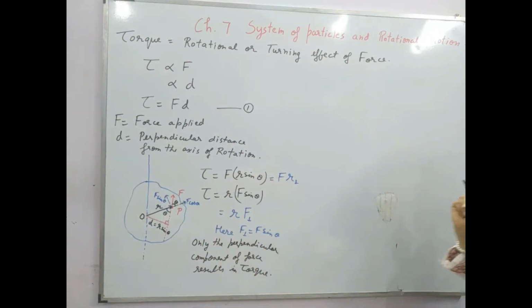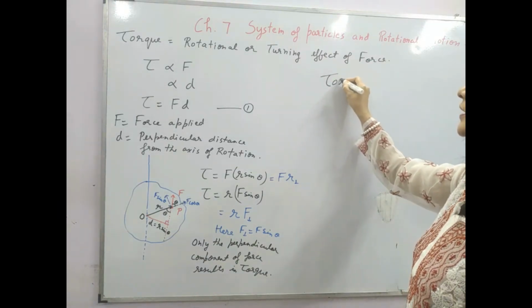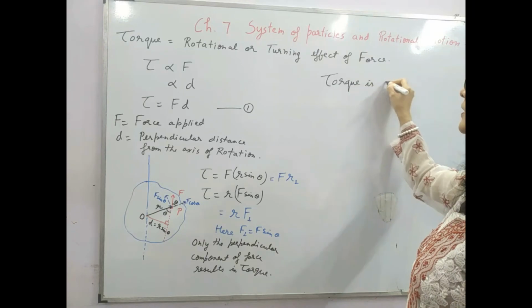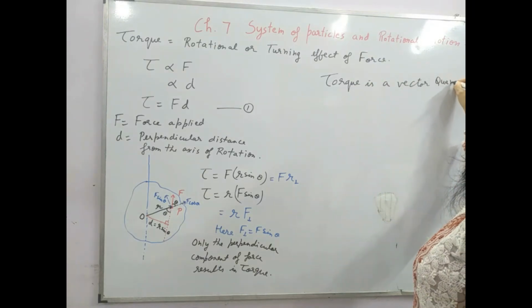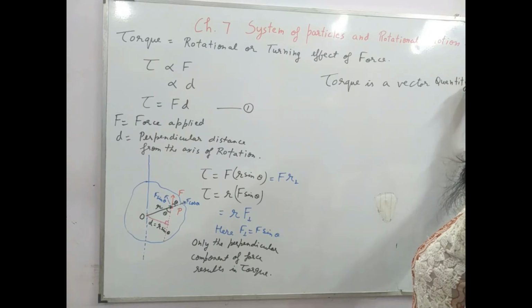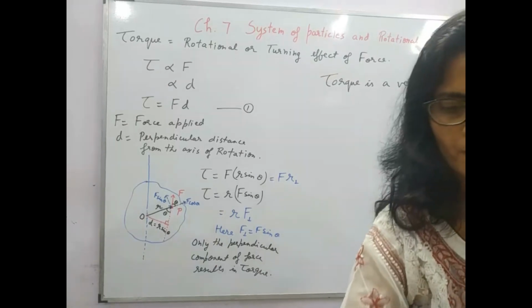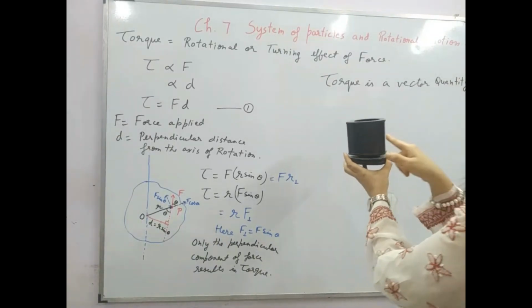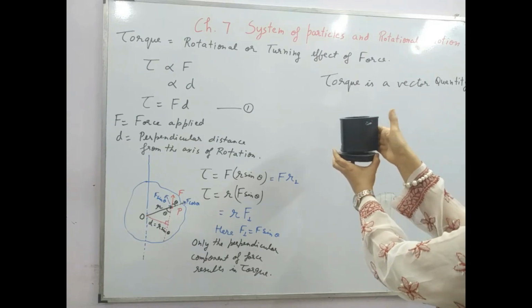Now, what type of quantity is torque? Very important thing, torque is a vector quantity. So what will be the direction of torque? See, suppose I am applying force over here, and the sense of rotation of this body is like this.